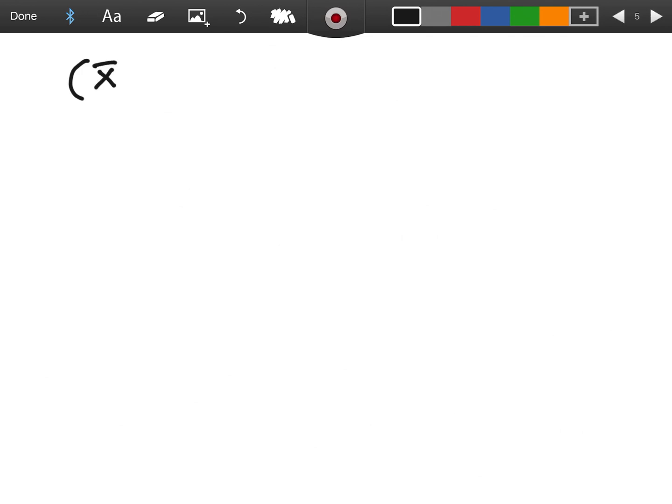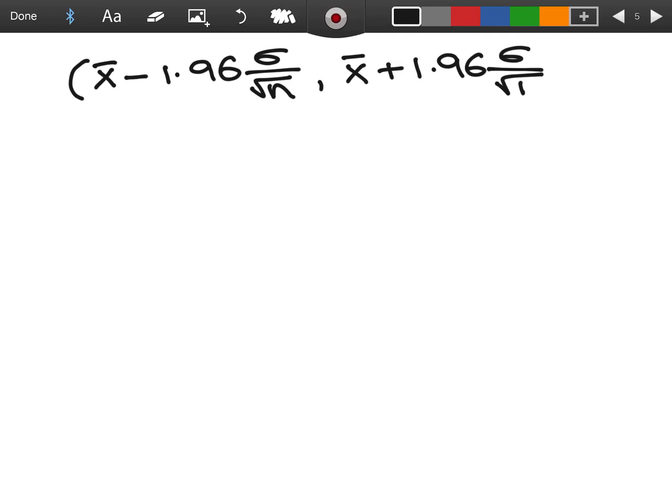So for some given sample mean and a population standard deviation, we have a 95% chance that the population mean will lie in this interval. Okay. We actually call that 95% that we use.